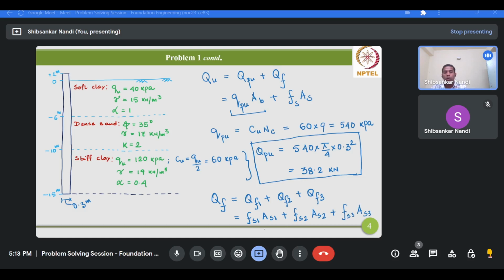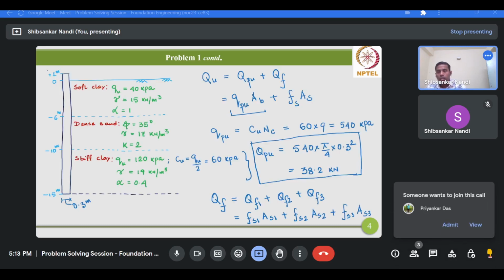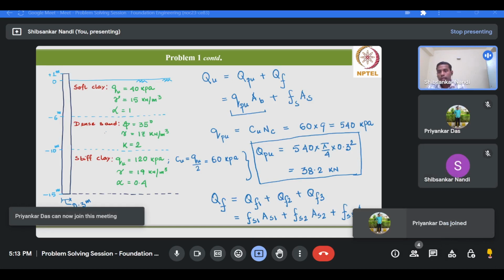Okay, so FS1, FS2, FS3 are the unit skin friction resistance for each of these individual layers respectively, and AS1, AS2, AS3 are the corresponding surface areas of the pile. Now, since the pile is driven through three types of soil: soft clay, dense sand and stiff clay.